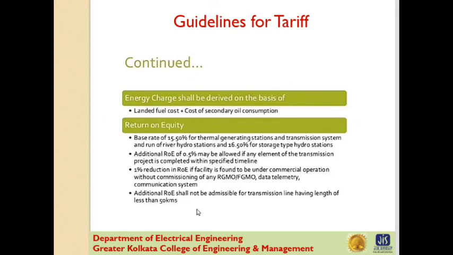Next, return on equity, base rate of 15.5% for thermal generating station and transmission system and run of river hydro station, and 16.5% for storage hydro station.